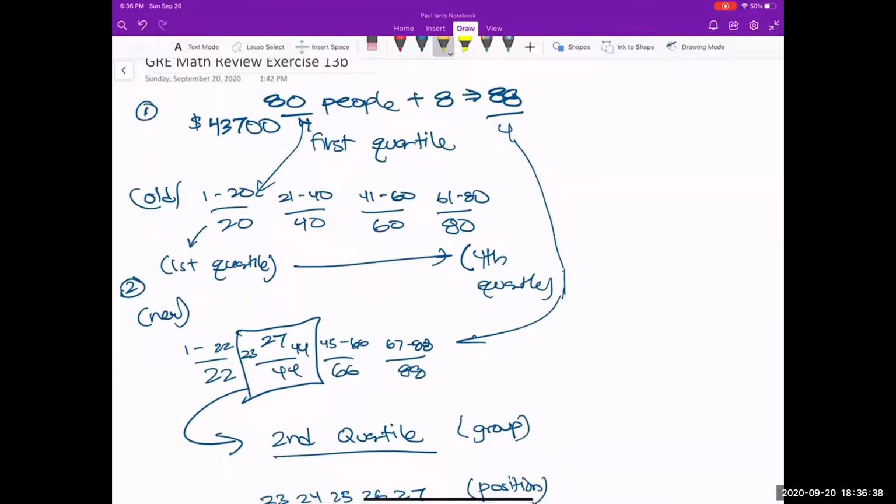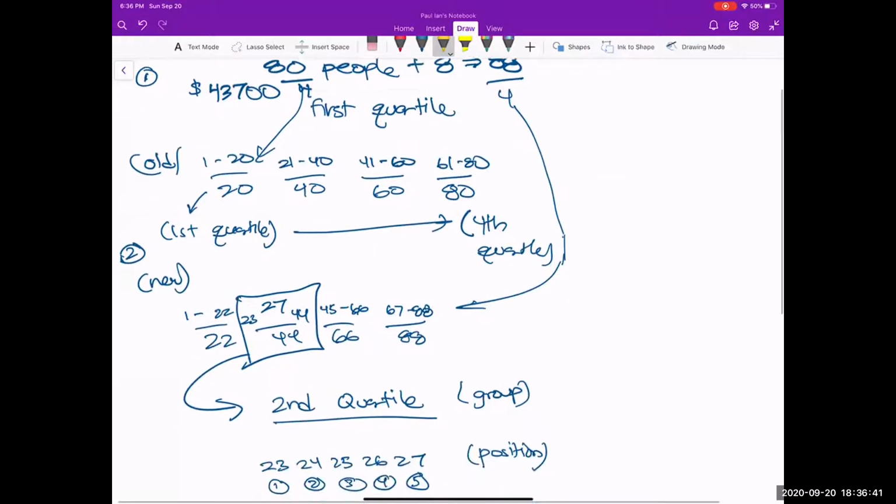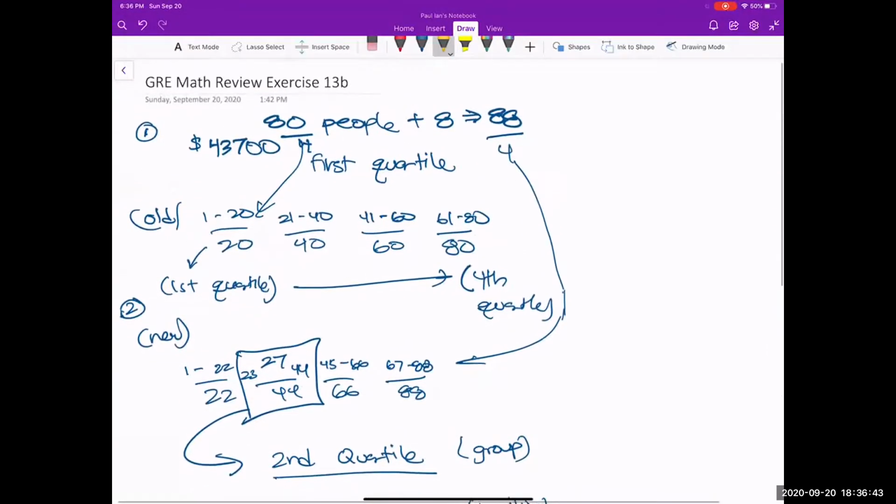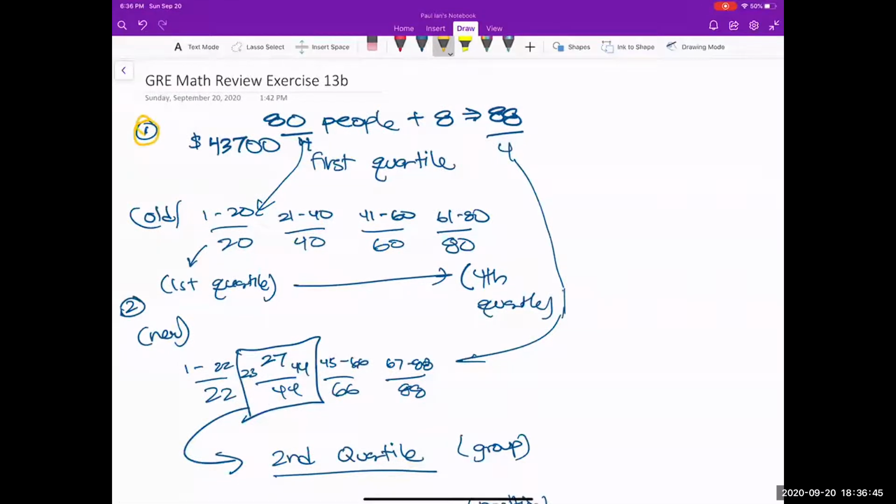So it's telling you here. I was trying to find an easy way of explaining this one, but I tried my best. It says 1 and then 2. The first step is you have this old quartile division of these two things.